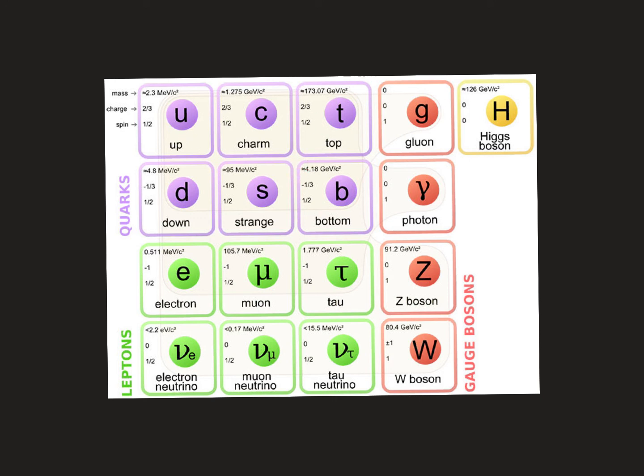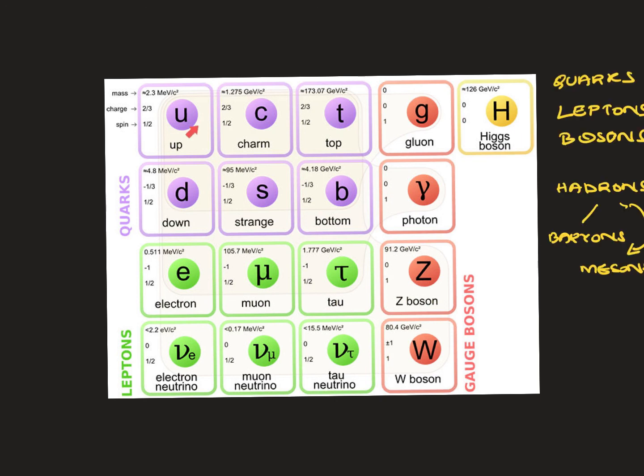So for baryons, we need 3 of these, and for mesons, we need 2 of these. If you look at a proton, you have 2 up and 1 down. And if you have a neutron, you have 1 up and 2 downs. And mesons are a combination of 2 quarks. So that's making the hadrons. So hadrons are baryons and mesons.